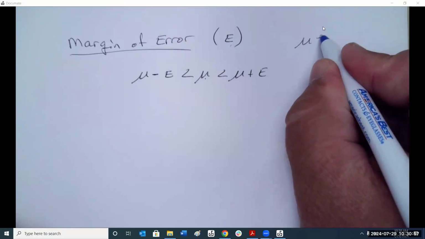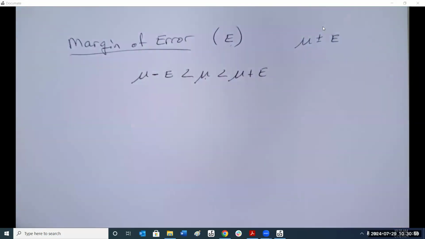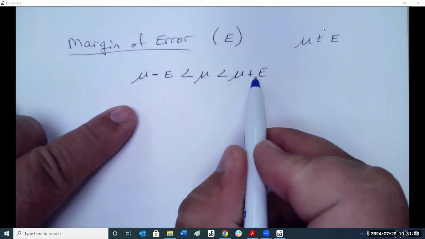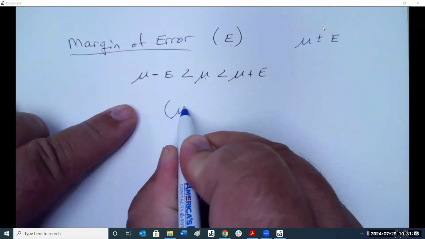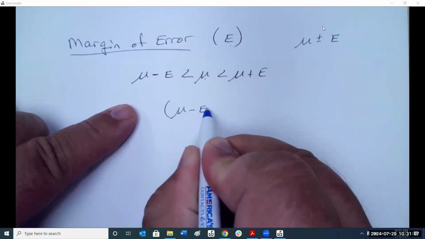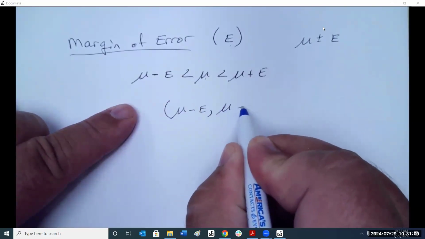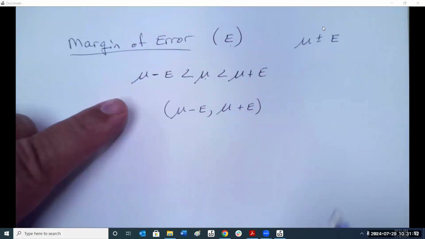That's why we get mu plus or minus E. And sometimes your margin of error will be recorded as an interval like that.